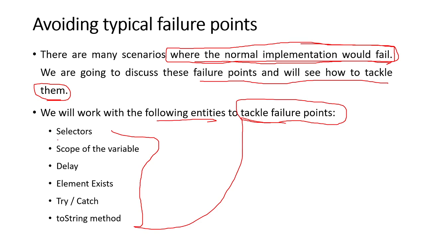Clear? So selectors are one of the entities which help us to deal with the failure points, and scope of the variable, delay activity, element exist activity, and try catch, toString methods. So usually these are the common entities used to deal with the failure points.